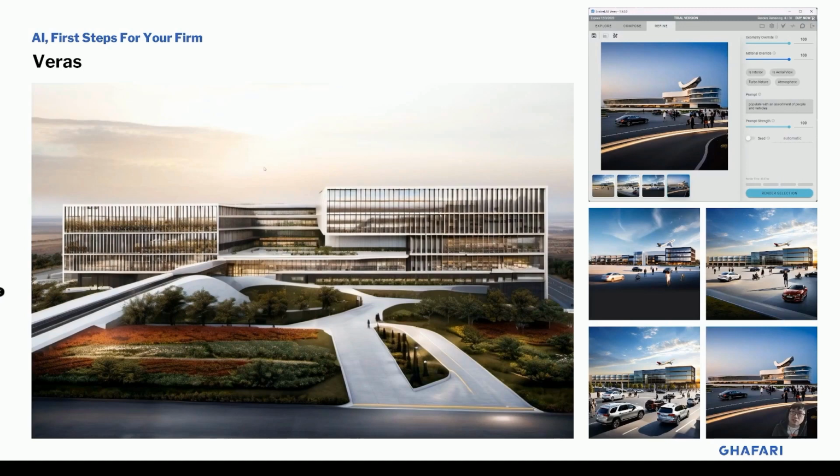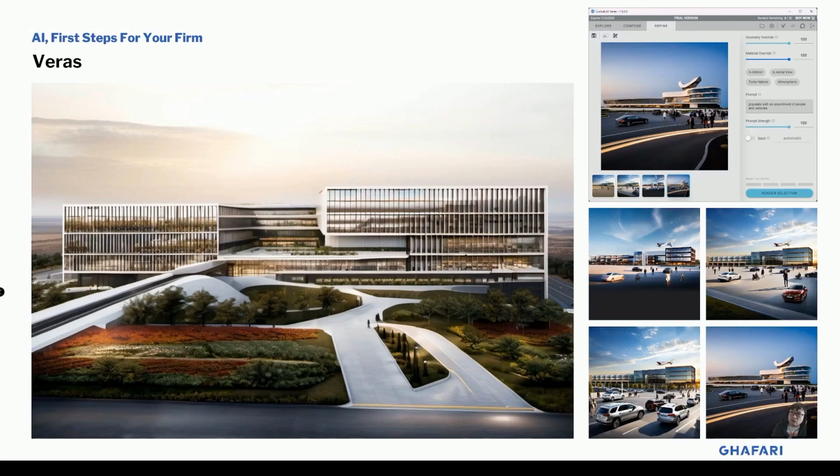Now, Veris can generate 4 images at a time. As you can see in the prompt window, there are 4 slots. So with the paid version, it will be able to batch 4 images. And this is some of the scene that I was able to test.